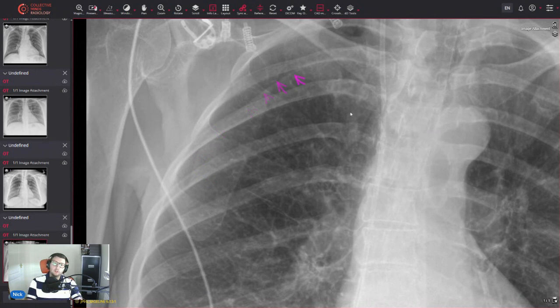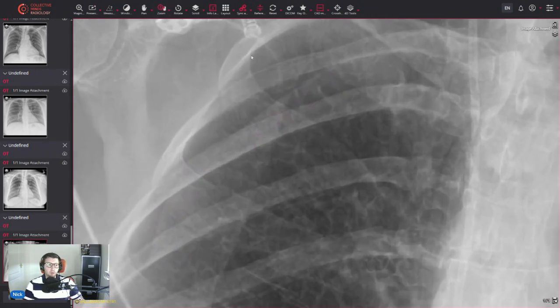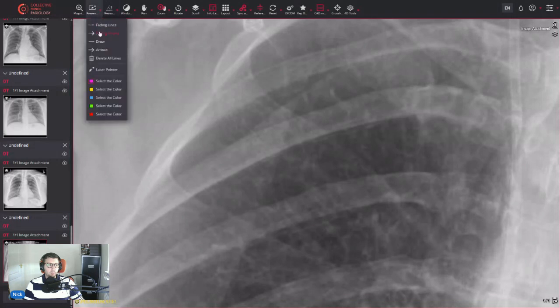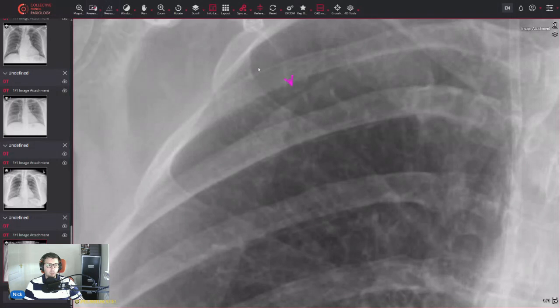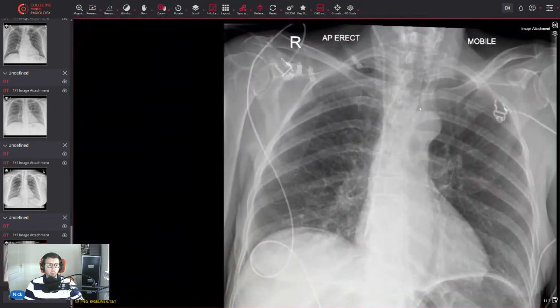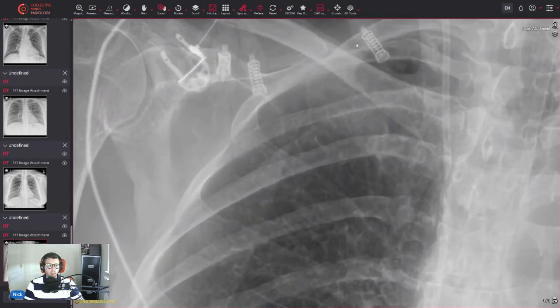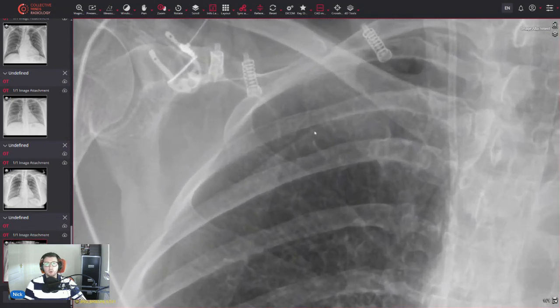So on first glance, this may look like a pneumothorax. But actually, if we zoom in, we can see that there are lung markings beyond it. So we can start to pick out these little markings here, here, here. So these are actually skin folds. Really important not to confuse them with a pneumothorax because it might end up putting a drain in unnecessarily. The key thing is, of course, that with a pneumothorax, because it's air, there will be no lung markings beyond it.